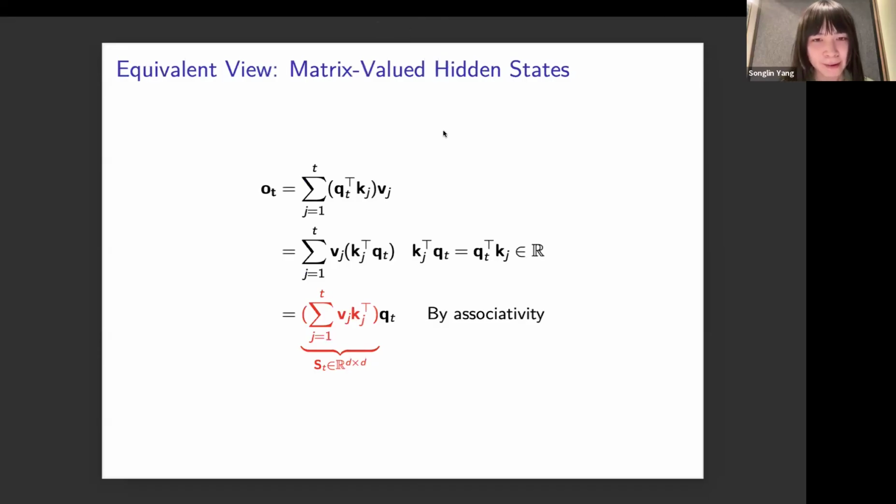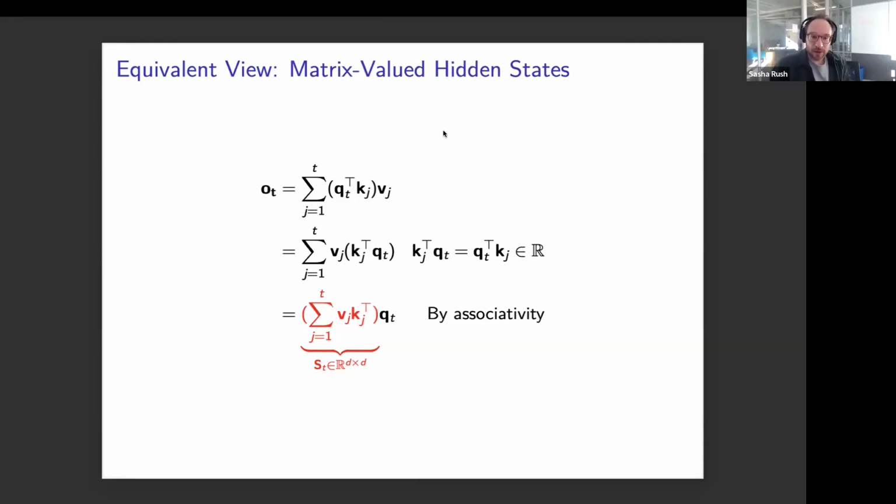Then, since everything here is a linear operator, we can leverage the associativity property of linear operators to rearrange the computation structure. In the end, we have a term in red, which is the cumulative sum of the outer product between the key and the value vectors in the historical steps.